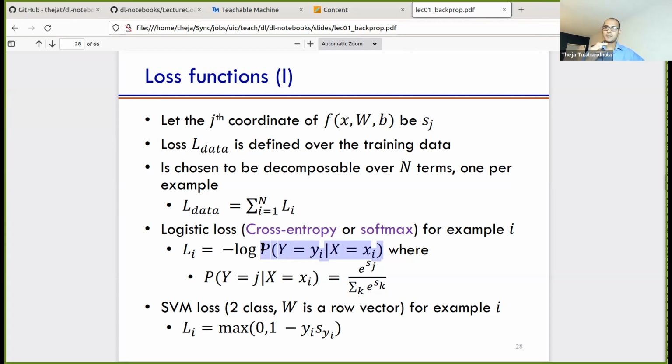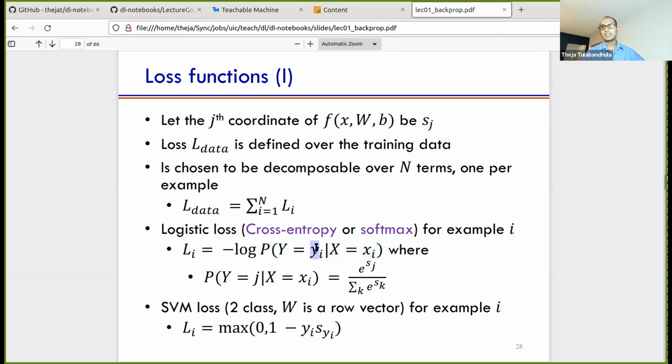So if the probability is high, close to 1, the log of the probability is less negative, and the minus of that just means a small positive number. So your loss is small as long as you predict a high number for the true class.